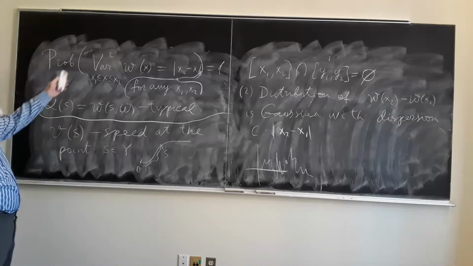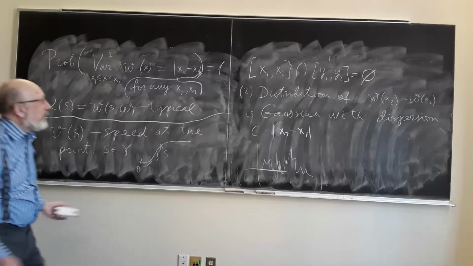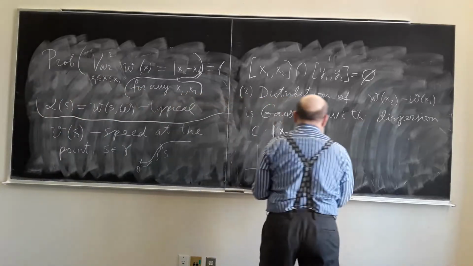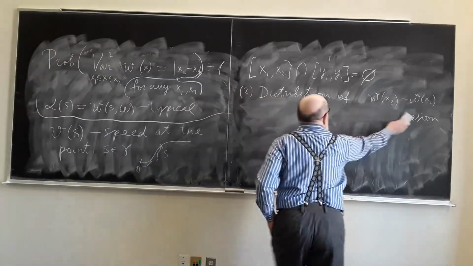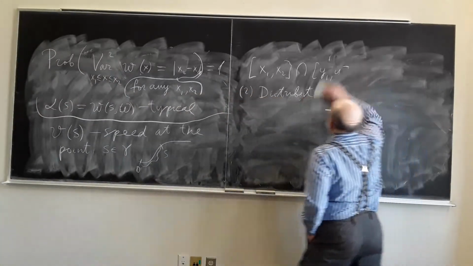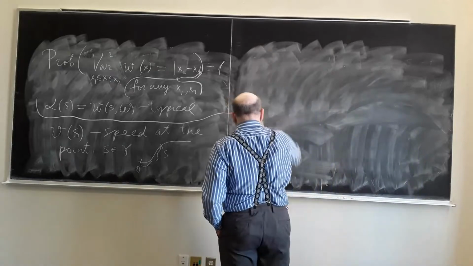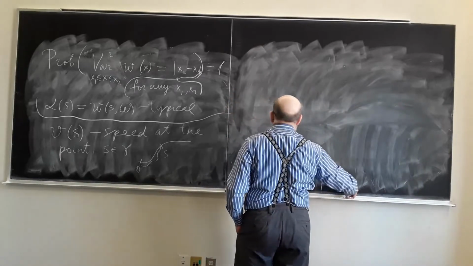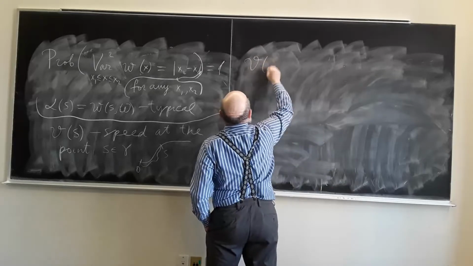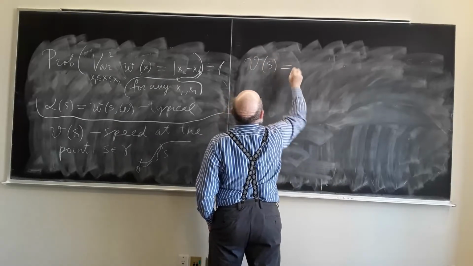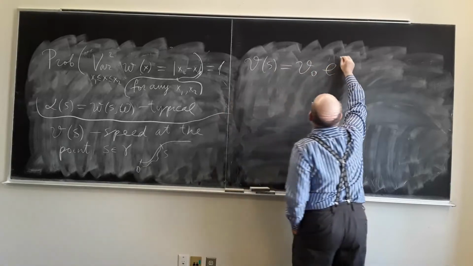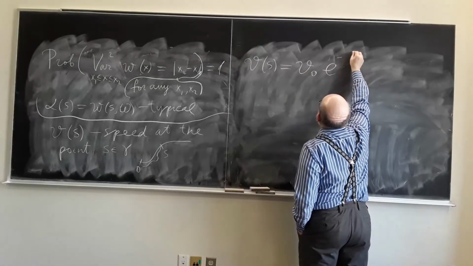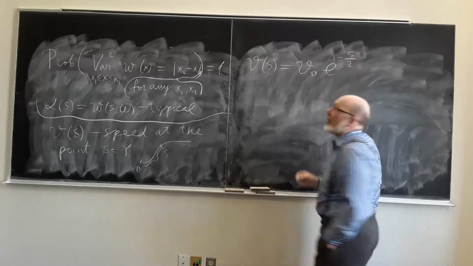And from this and the previous, you can say that v of s equals v0 e minus s over 2.